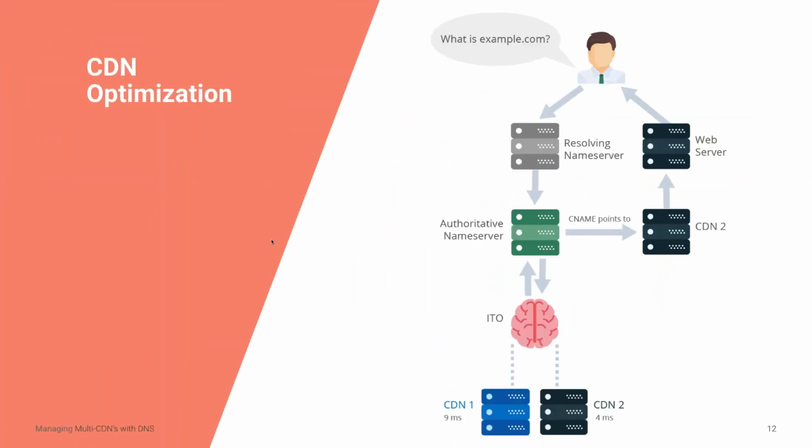All right, so CDN optimization within ITO. Let's go back to our original diagram here. Now when we put ITO in the mix, we're going to say that CDN 1 is responding in that region at 9 milliseconds, CDN 2 is responding at 4 milliseconds. So obviously for that region, we want to give our users CDN 2, right? This is not rocket science.